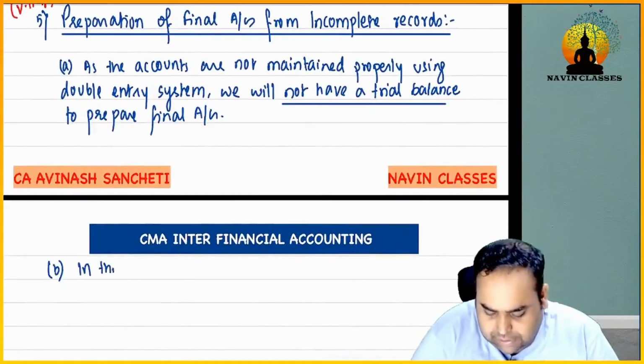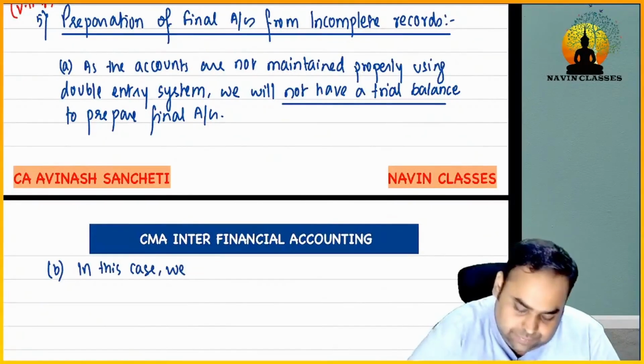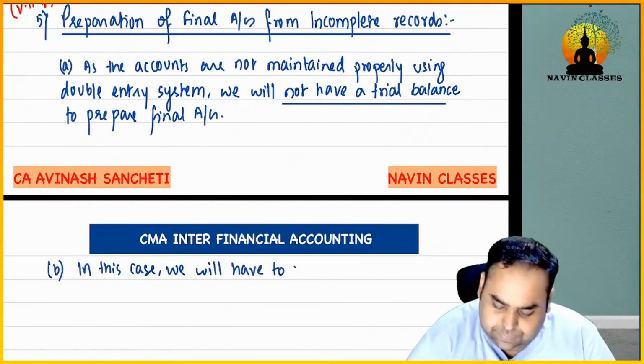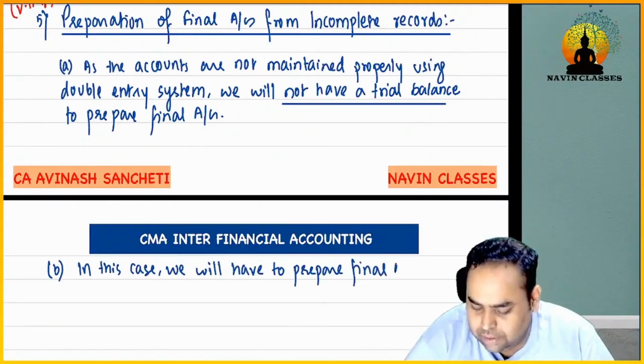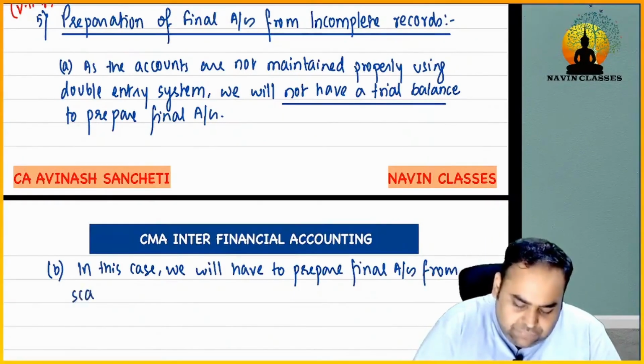In this case, we will have to prepare final accounts from the scattered accounting information.